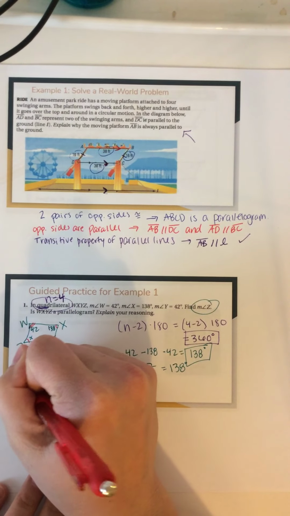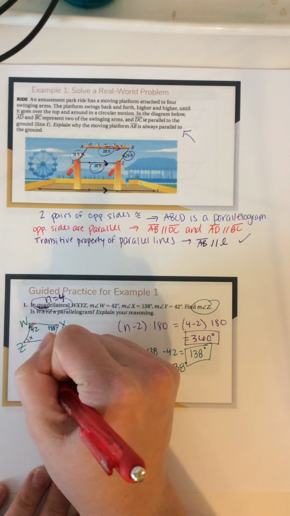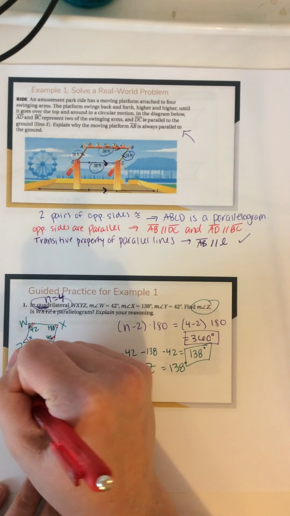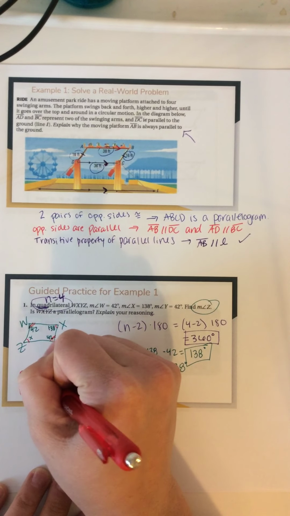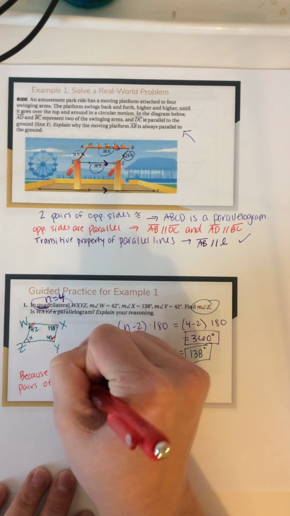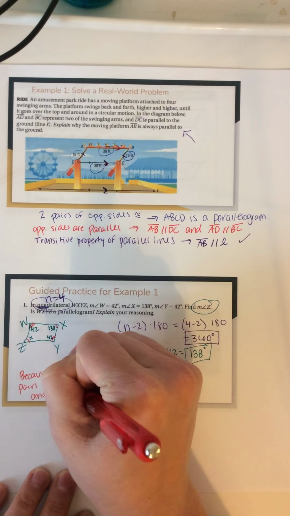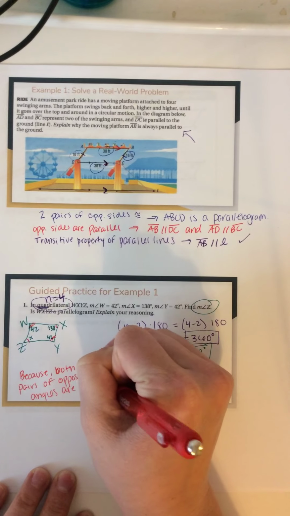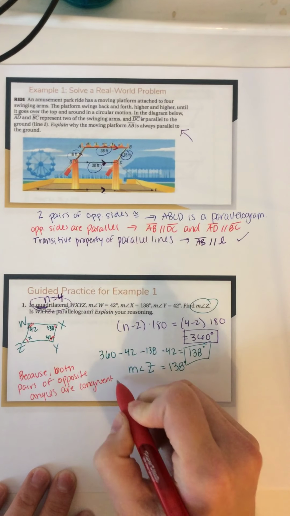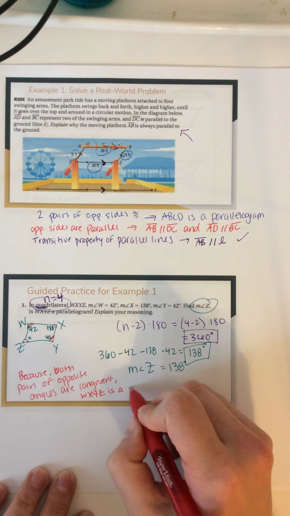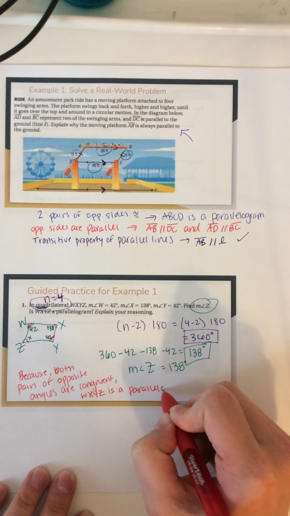So because both pairs of opposite angles are congruent, WXYZ is a parallelogram.